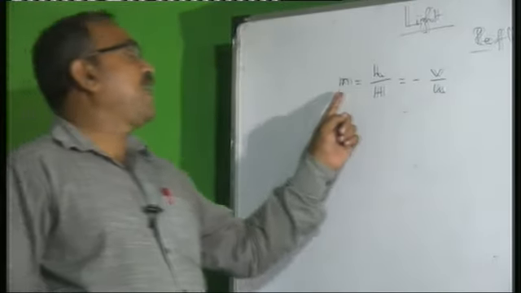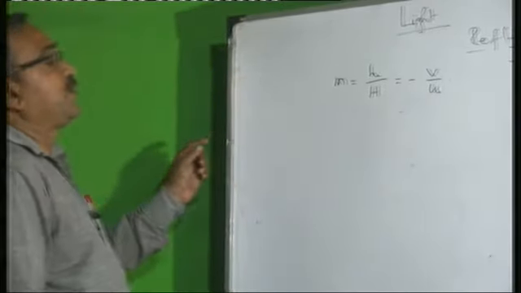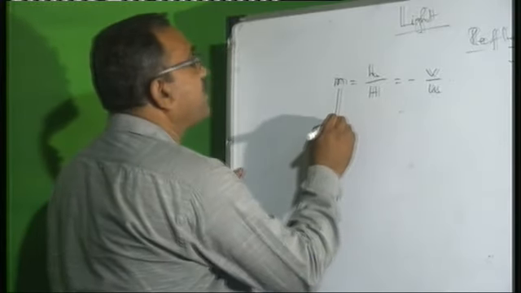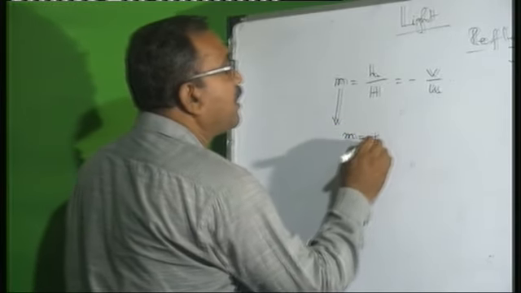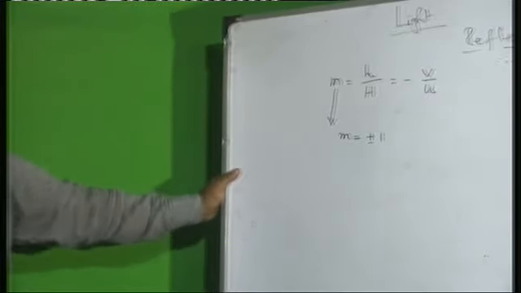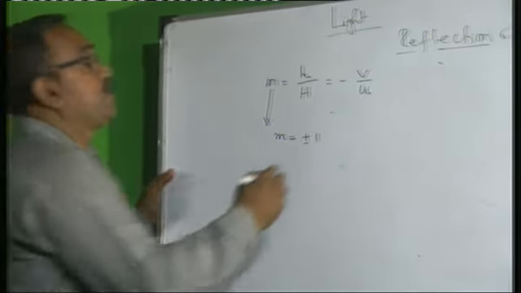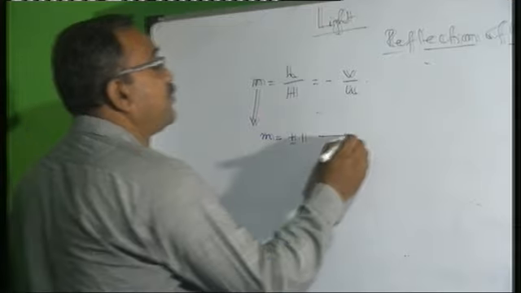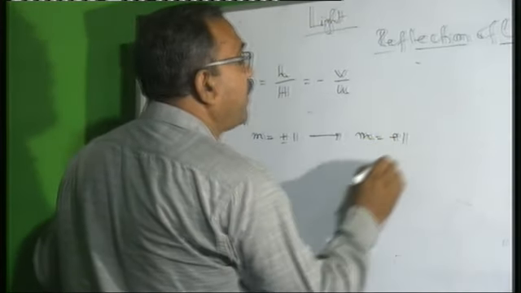So according to the sign of the magnification m, the value of m, from this, which type of image can you identify?